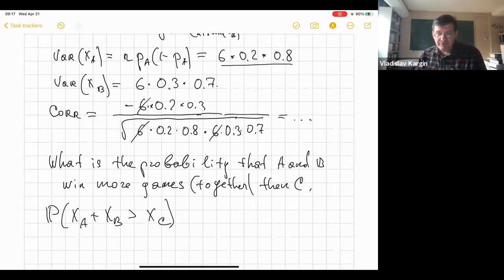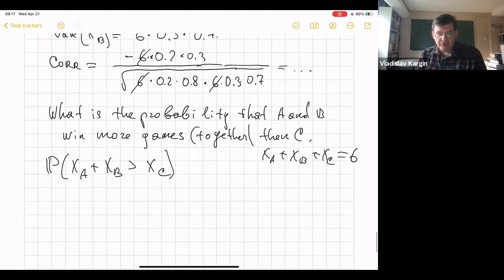But if you think about this, you'll know that XA plus XB plus XC should be equal to 6. So if you know XA plus XB, then you'll know what XC is. So this is actually equal to the probability that together they will win more than 3 games. Right?